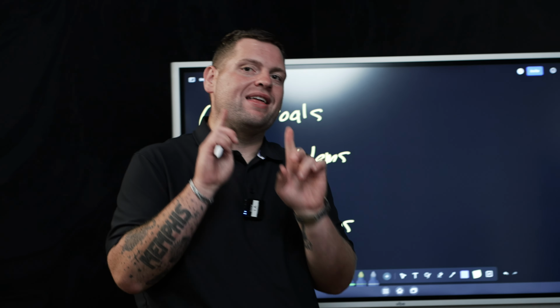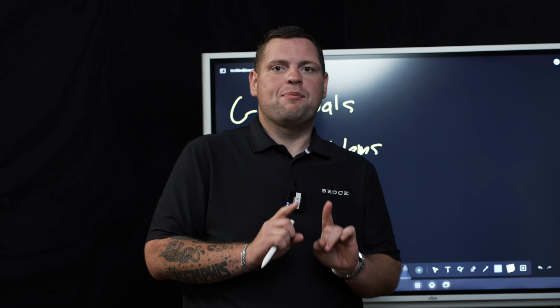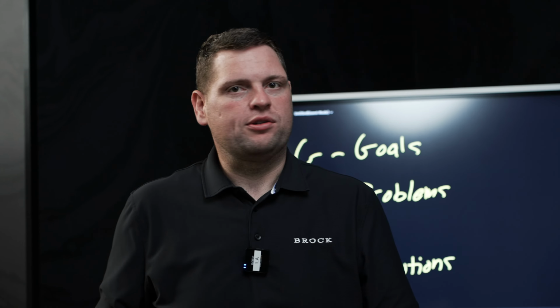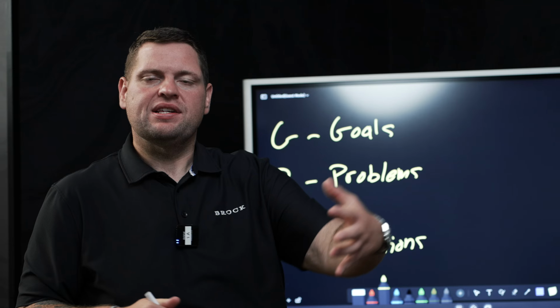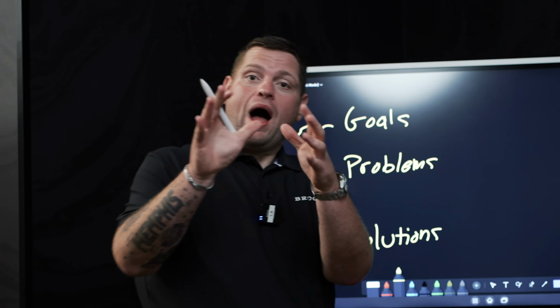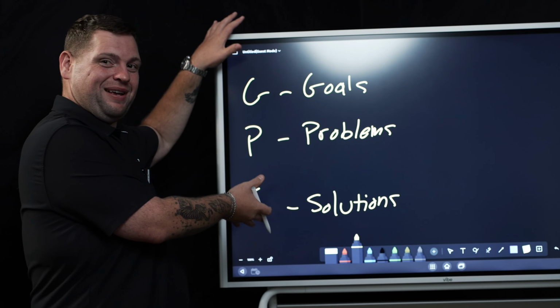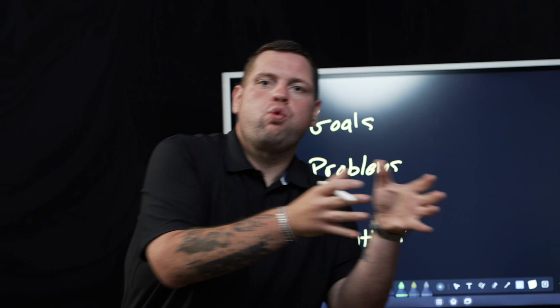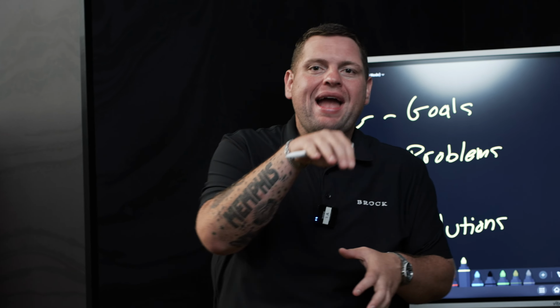Now, I would argue that the number one problem that Medicare beneficiaries are running into before they talk to you is that they have heard different types of information from multiple different agencies and agents, right? So one agent says this, one agent says that, and they really don't know which way is up at the end of the day. That's why we have mapped out with our GPS what direction you need to take this customer and what questions you need to ask to make that happen.